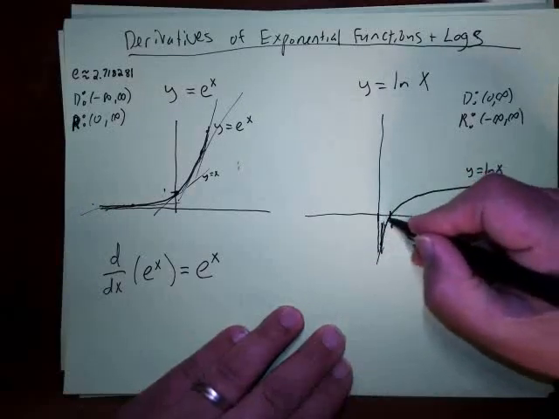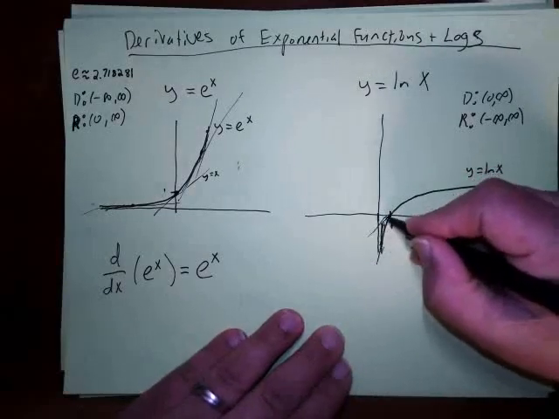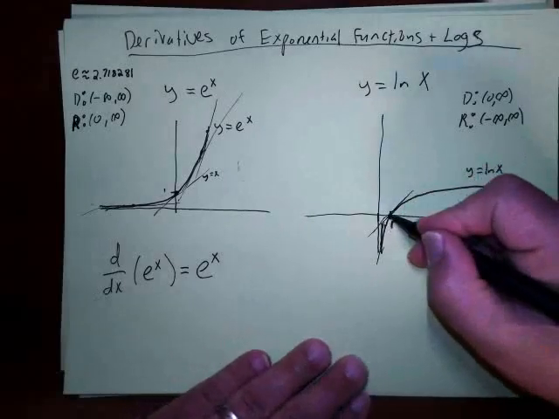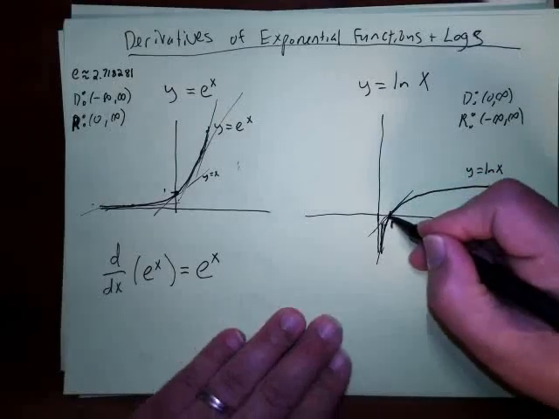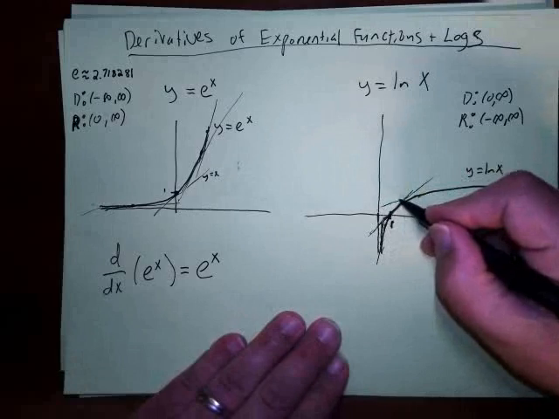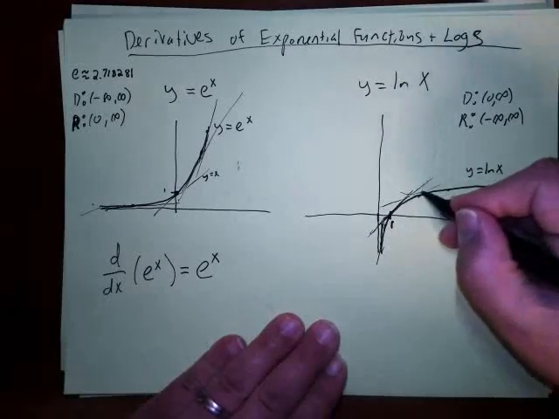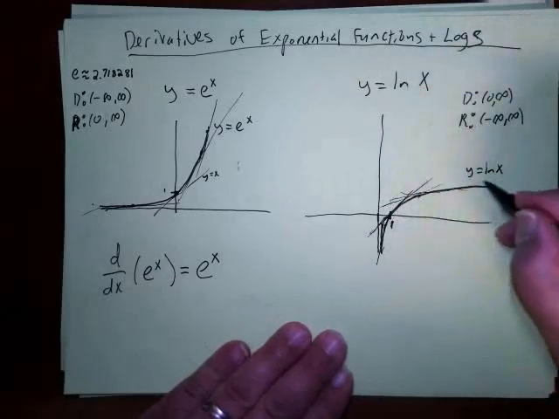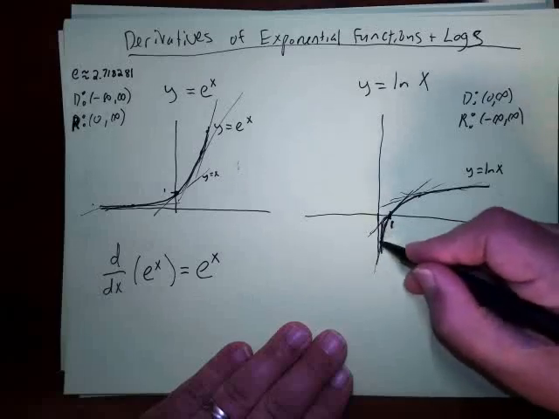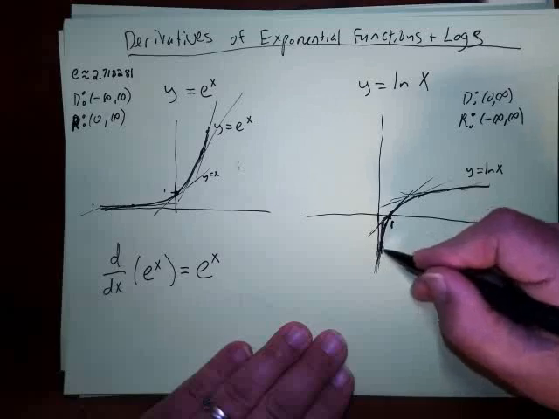At 1, the slope is equal to 1, yes. And then here, the slopes are getting closer and closer to 0. But here, the slopes are positive, and they're getting closer and closer to positive infinity.